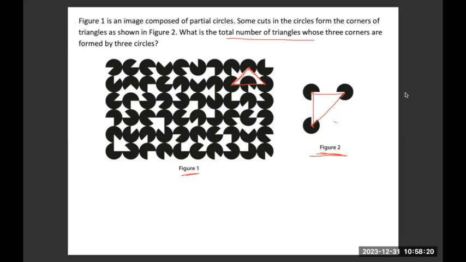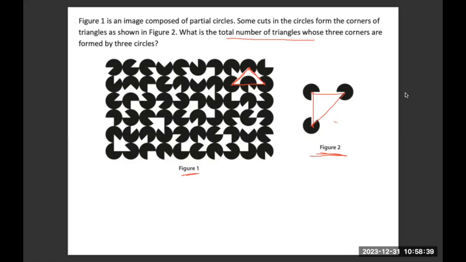Shimoli, wrong answer. Sanchi, wrong answer. Trisha, correct answer. Ashvi, wrong answer.